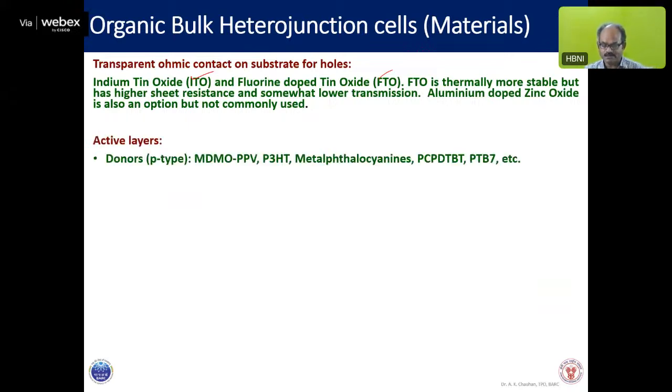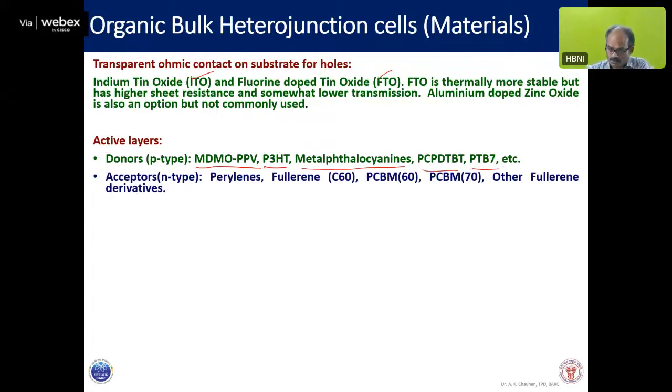For the active layer in this kind of solar cell, these are typical donor type materials: MDMO-PPV, P3HT, which is the most widely studied material, PCDTBT, PTB7. These are mostly donor polymers, and then acceptors are perylene, fullerene, PCBM 60, 70, 71, and other fullerene derivatives. These are typical acceptor molecules which we use in bulk heterojunction solar cells.